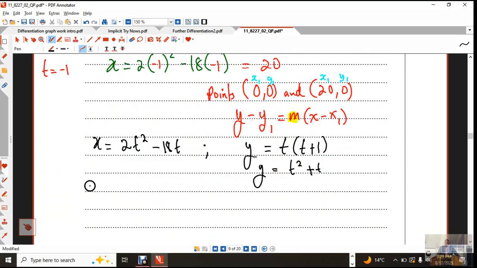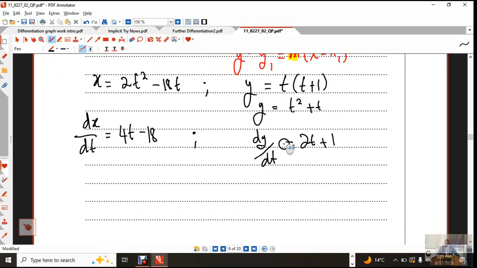Now, we can do dx/dt over here. dx/dt is 4t minus 18. And here we can do dy/dt, that is going to be 2t plus 1. Very important that we write that one down.